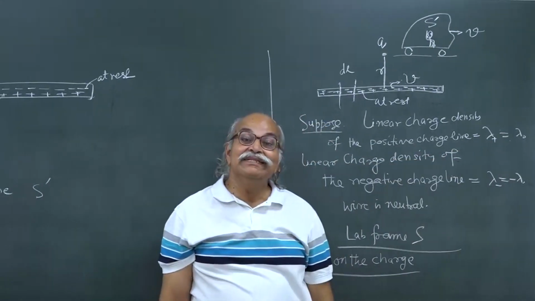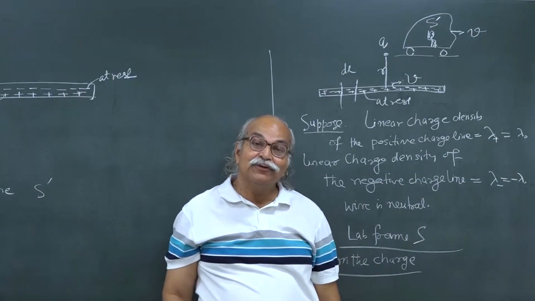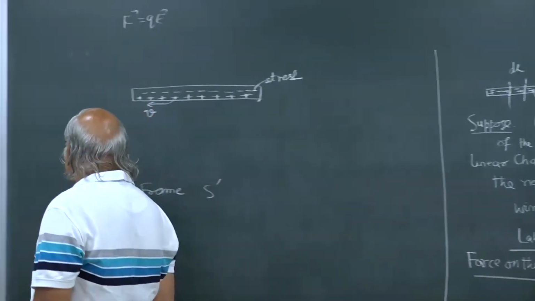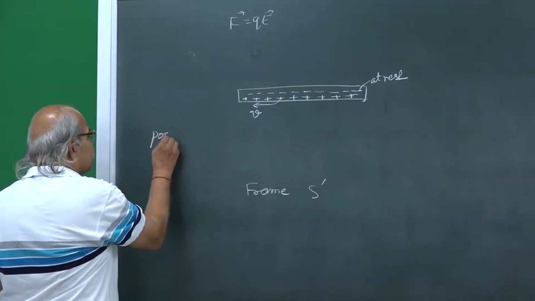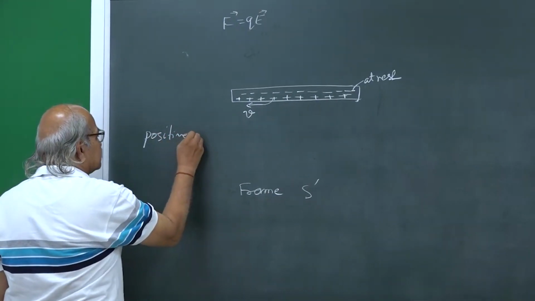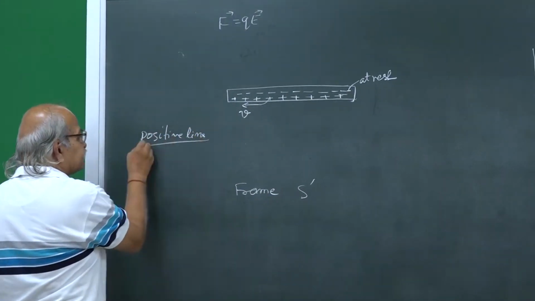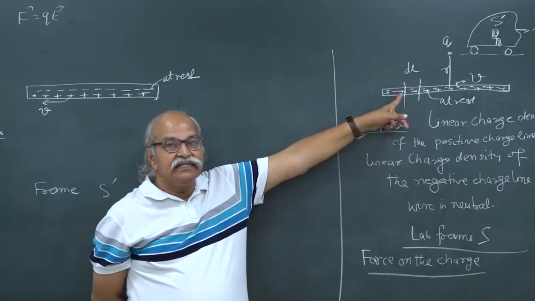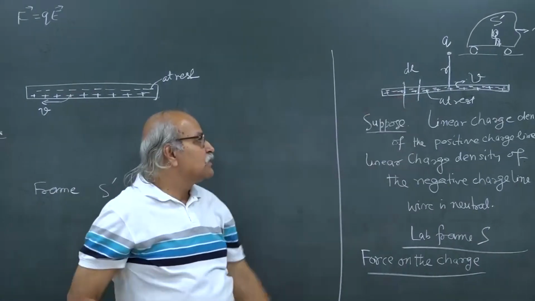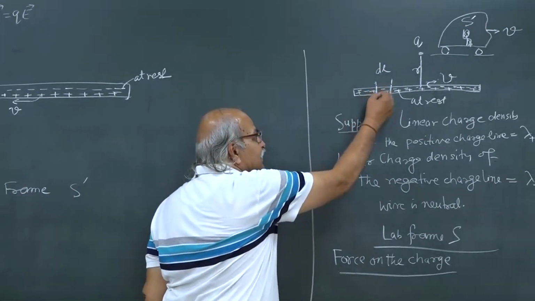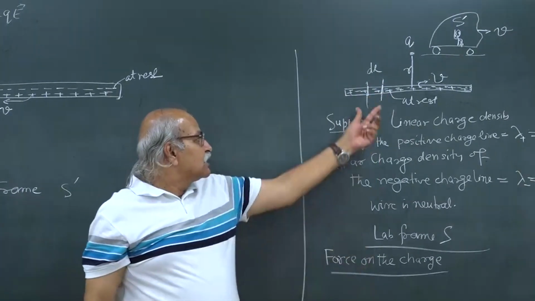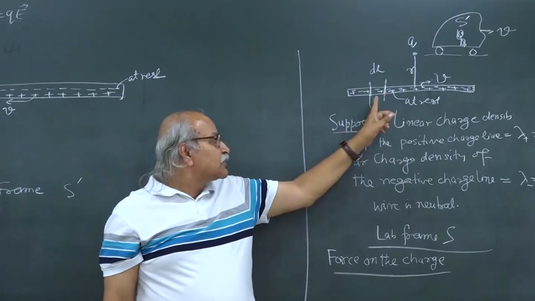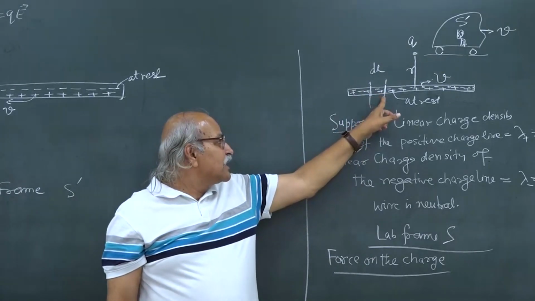What happens to these charge densities as I go to the S prime frame? First look at the positive line. In the S frame, the positive line is at rest. This is the separation I am looking at.